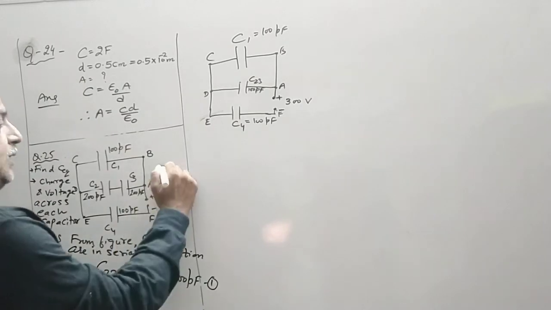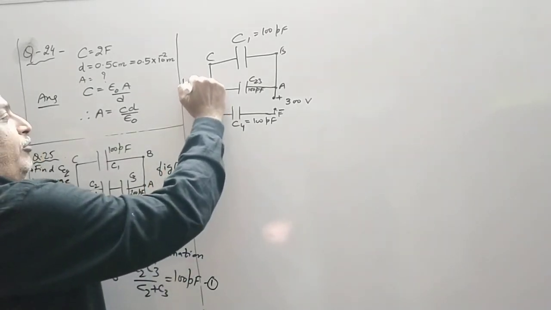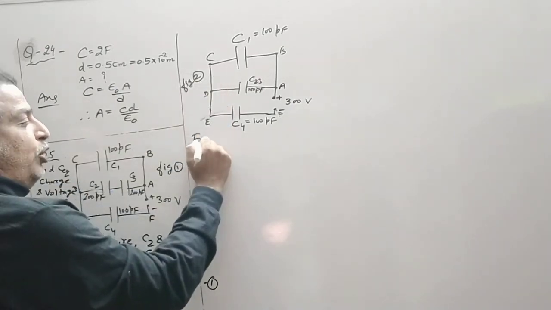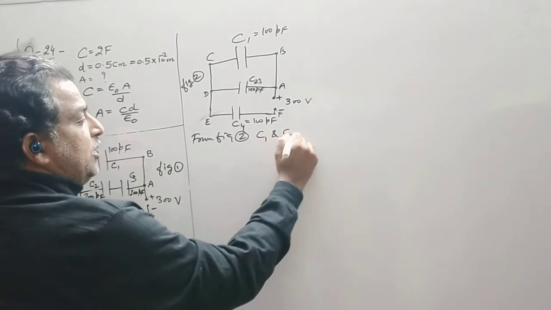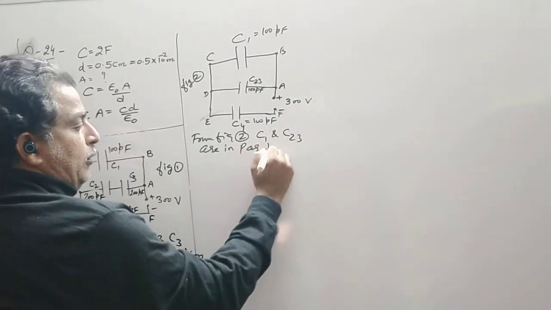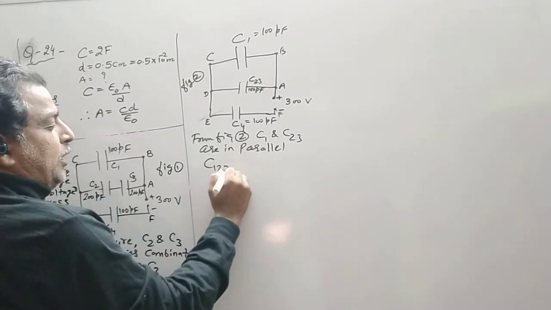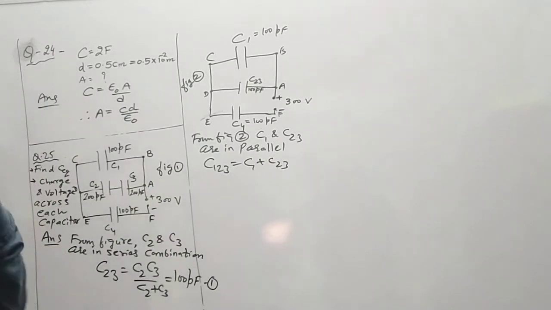We name this as figure 1 and this as figure 2. So from figure 2, C1 and C23 are in parallel. So C123 is equal to C1 plus C23.